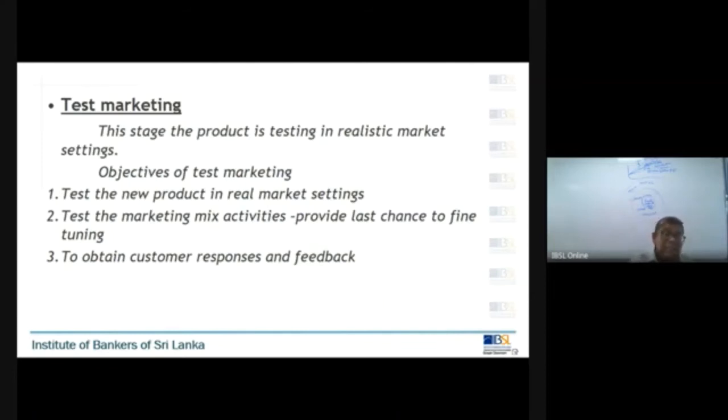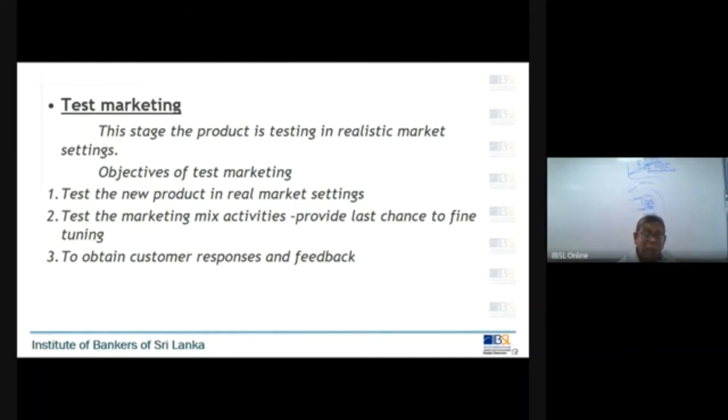Because they represent the total population, having different people, different income levels, different education levels, things like that. We do the test marketing. But test marketing is very dangerous. Why? During test marketing, your competitor gets to know your product. They may sometimes introduce it before you. Therefore, test marketing has to be done very carefully.